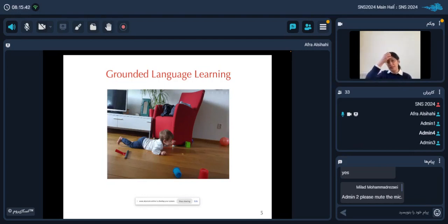So not only is this environment very noisy and ambiguous and messy, it also contains a lot more information than the classical language learning models assumed. For example, if you hear a sentence, tu penarengi, I assume there are some people in the audience who don't understand Farsi, and that's good because then you can sympathize with this young child who is trying to learn this language that they really don't know much about.